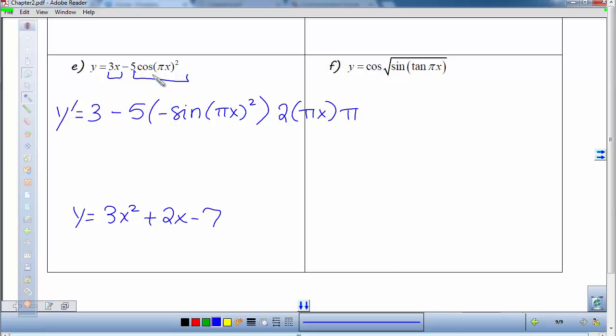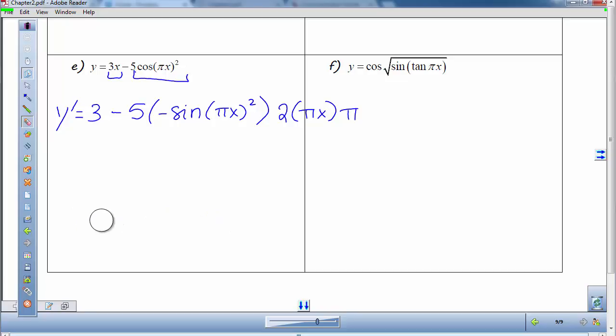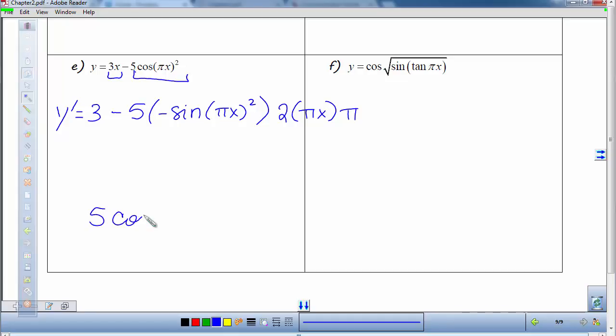Could you break down the f and the g prime for the pi part and correlate which parts go to which? I'm going to try to write it. Of course, we had the 5. And then I said our outer layer was cosine. Cosine of what? We had something squared. I'm writing it in order of the layers. I don't know if this is helping or not. But cosine's on the outside. Then we had the square. Then we had the pi x.